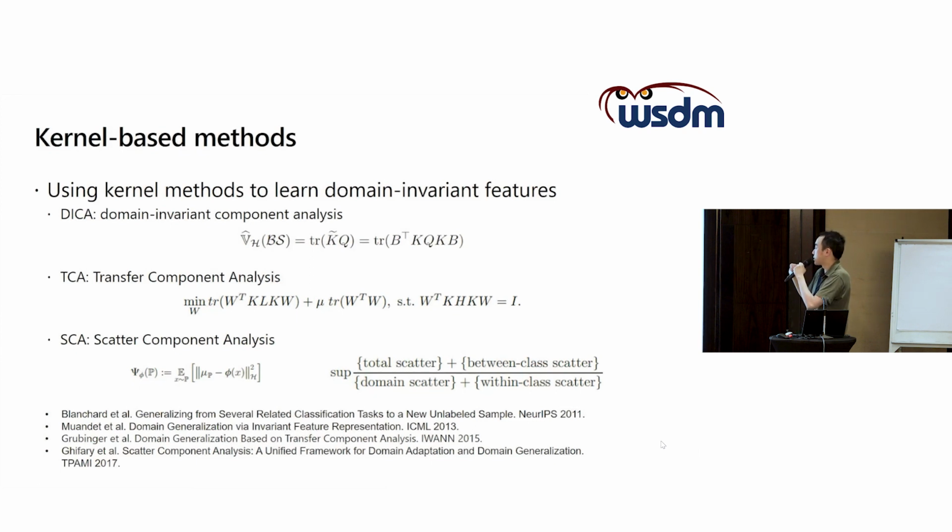But meanwhile, we also want to preserve the specific information within each domain. So therefore, we can do a trade-off, where we preserve the domain-specific information, but meanwhile also minimize the domain distribution, so we can improve the generalization capabilities of our machine learning models.